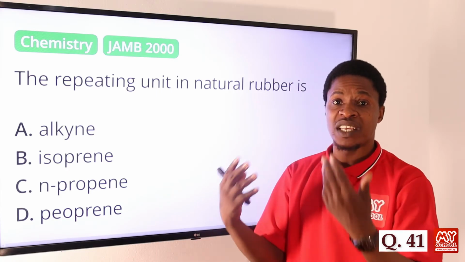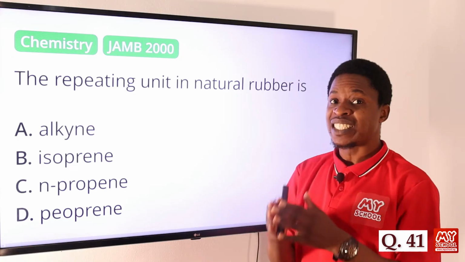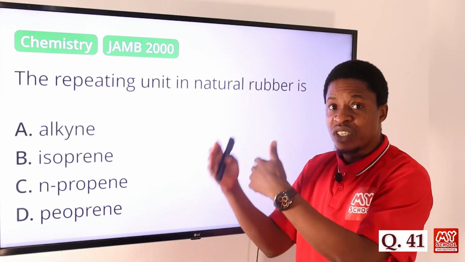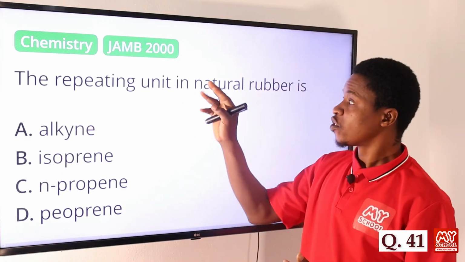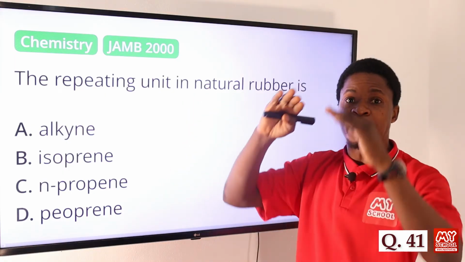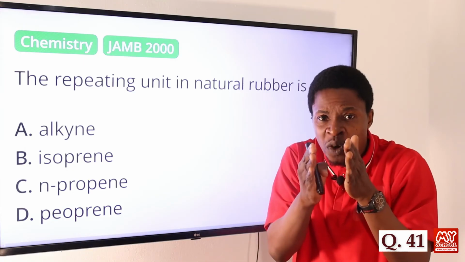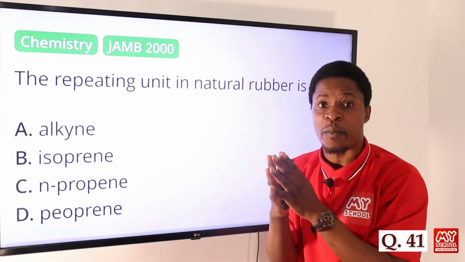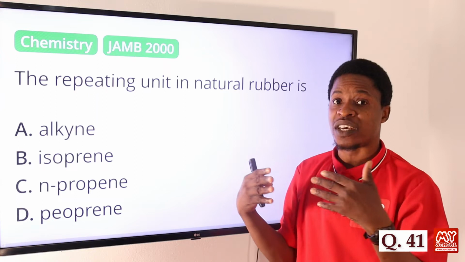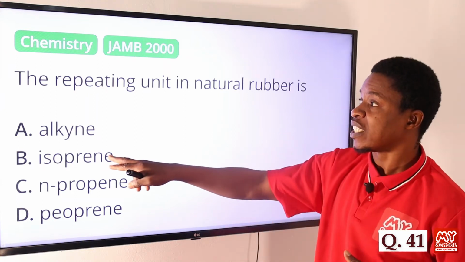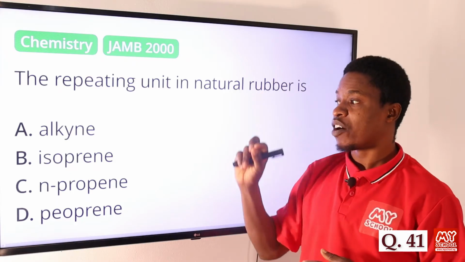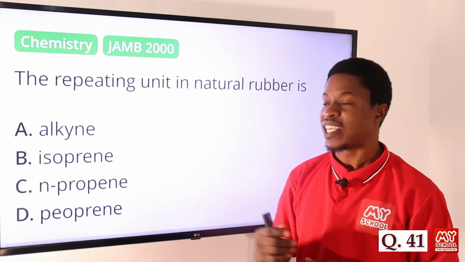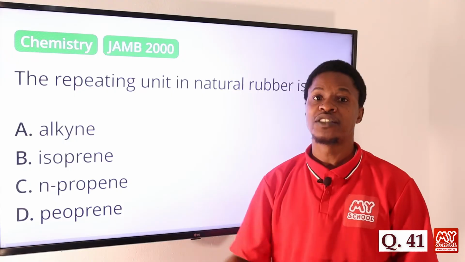We have them linked together by glycosidic bond. That is several repeating units. The same way we have repeating units of isoprene to form natural rubber. So natural rubber is a polymer that is formed from smaller units of isoprene that are linked up together in chain. So isoprene is the repeating unit in natural rubber. So the correct answer is option B, isoprene.